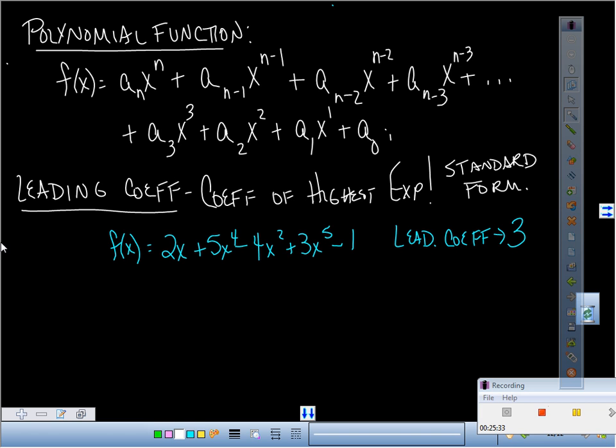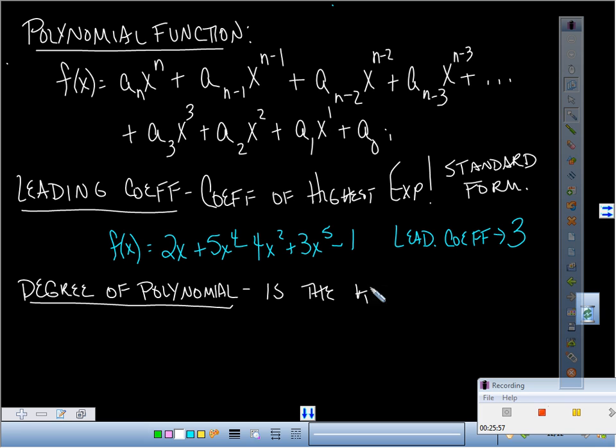Okay, let's learn another definition. The degree of the polynomial. Okay, degree of the polynomial. The degree of the polynomial is the highest exponent. So if it's 5, that equation would be 5.